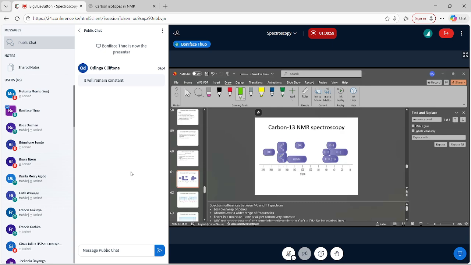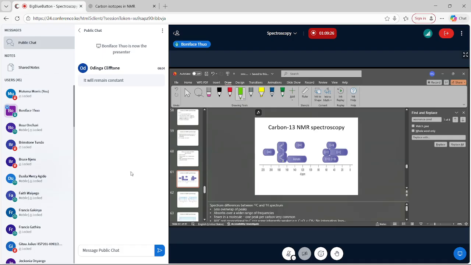The acid derivatives are lower than the aldehyde. So the aldehyde carbon or the ketone carbon will be much higher, anything between 190 to 220 will be just the plain carbonyl, not attached to the electronegative or lone pair containing groups.